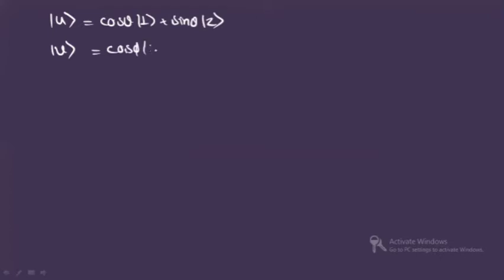Before that we will write what u is and what v is. u is equal to cos theta ket 1 plus sin theta ket 2, and v is equal to cos phi ket 1 plus sin phi ket 2. Clear? Also don't forget that the inner product was given to us as 0.